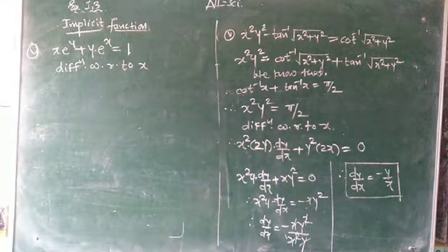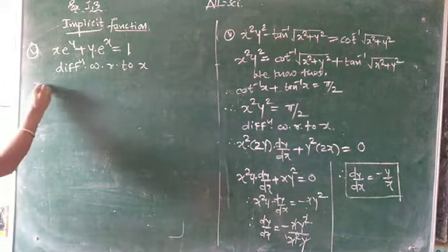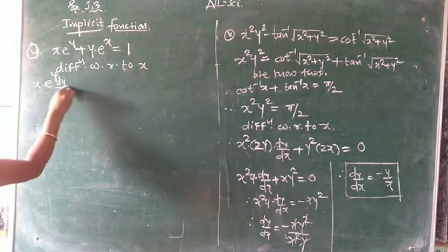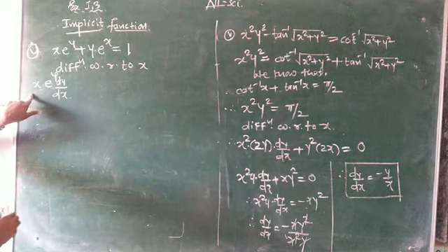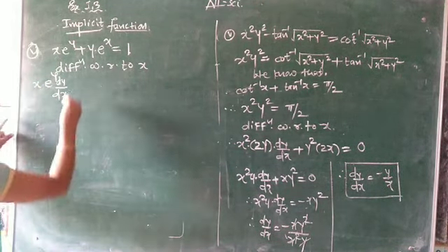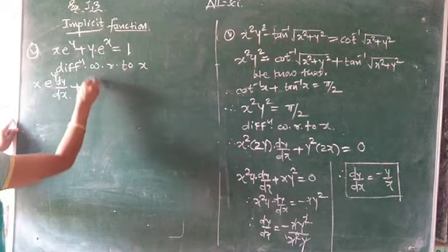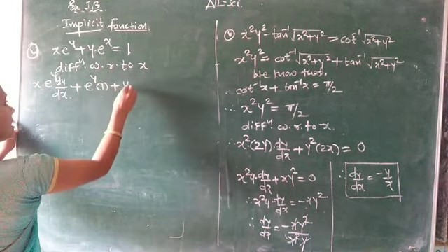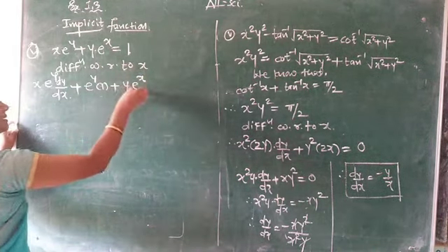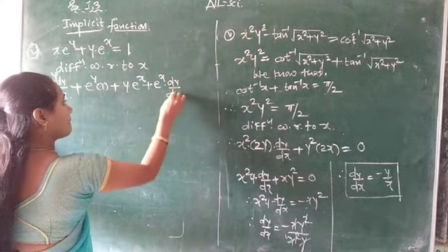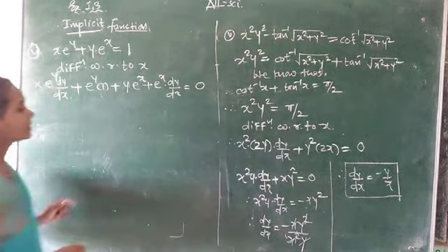Again use the product rule. x into the derivative of e raised to y, and dy upon dx. x as it is, the derivative of e raised to y is e raised to y, and this is the derivative of y. Plus e raised to y as it is, the derivative of x is 1. Plus y as it is, the derivative of e raised to x is e raised to x. Plus e raised to x, the derivative of y. The derivative of 1 is 0.